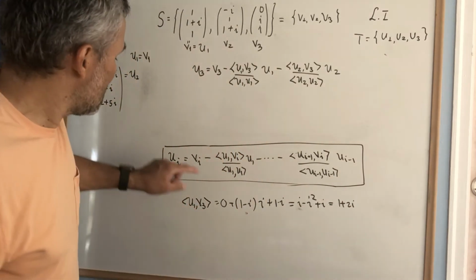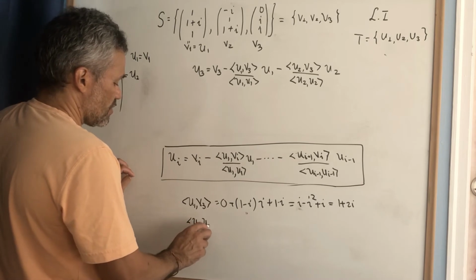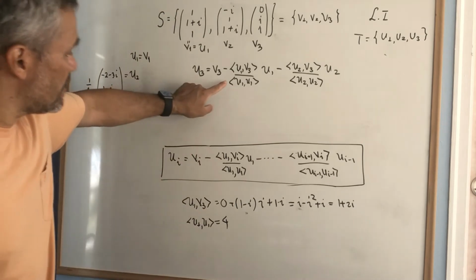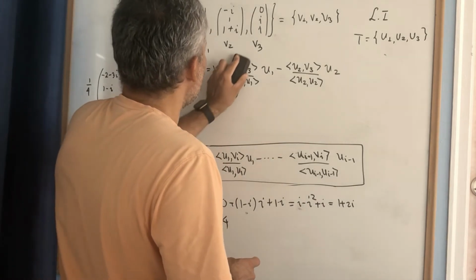Then, and what is U1 U1? We already computed. U1 U1 is equal to 4. Therefore, this part changes into 1 plus 2I over 4.